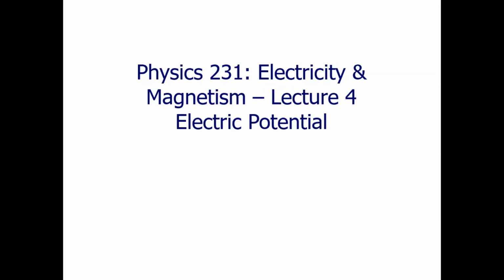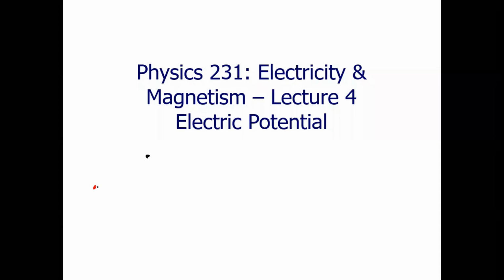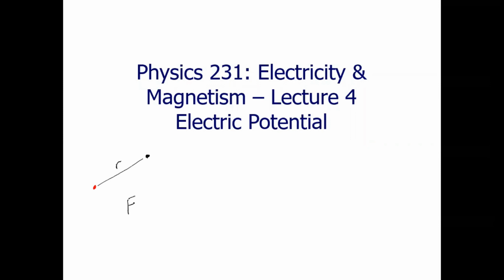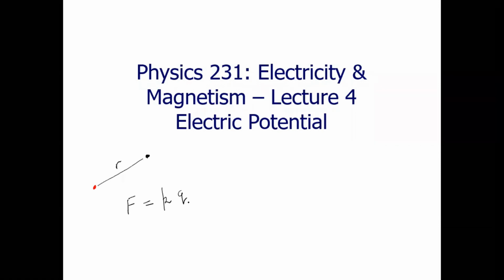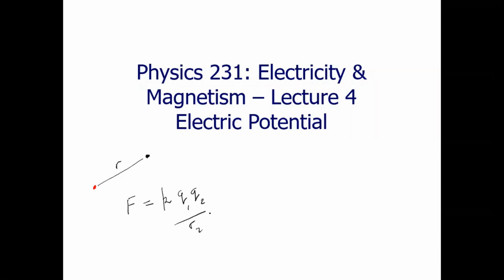Just to give you a brief background of how we have moved, we started by talking about the Coulomb force. We said that when two objects, let's say we have a particle and another particle, are separated by a certain distance, let us call it R, then the Coulomb force, if they are point charges, is just some constant K, times Q1, times Q2, over R squared, where R is the separation distance.